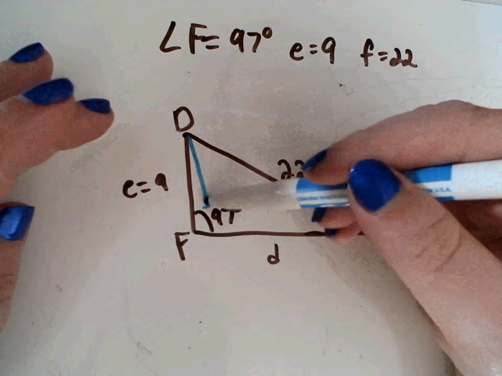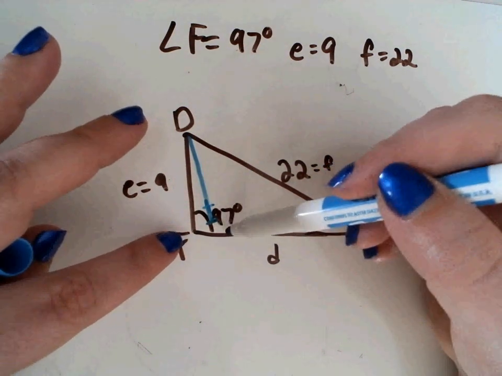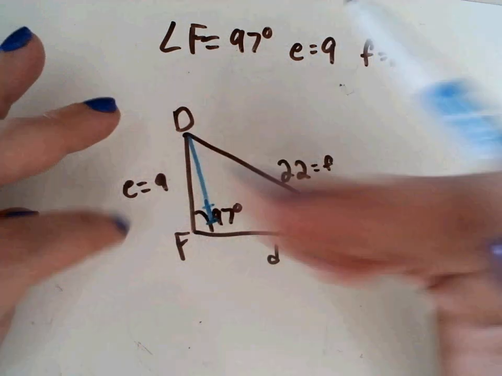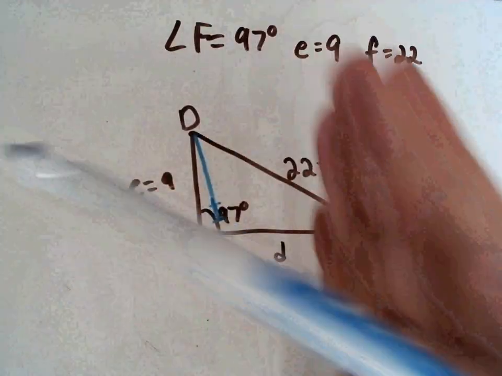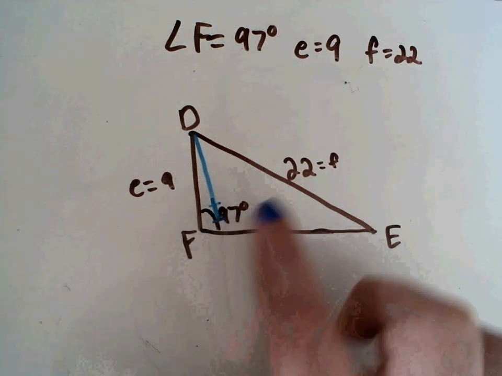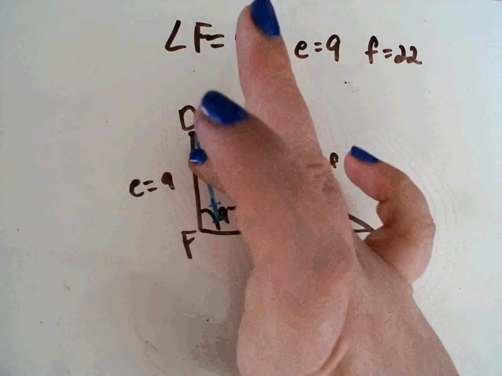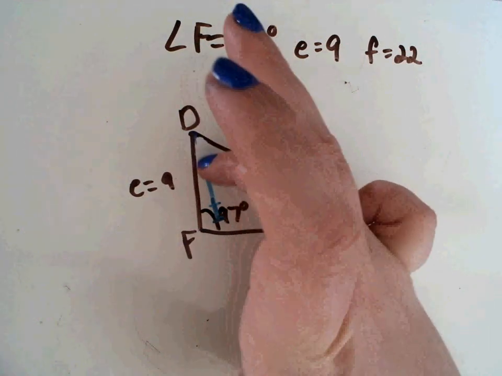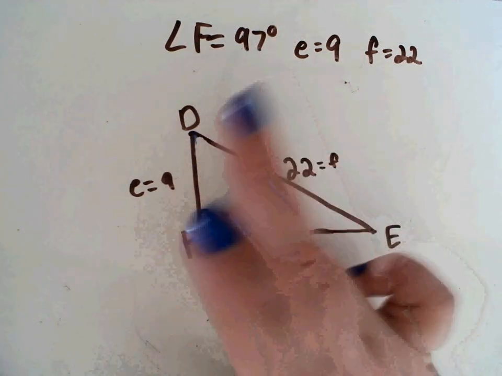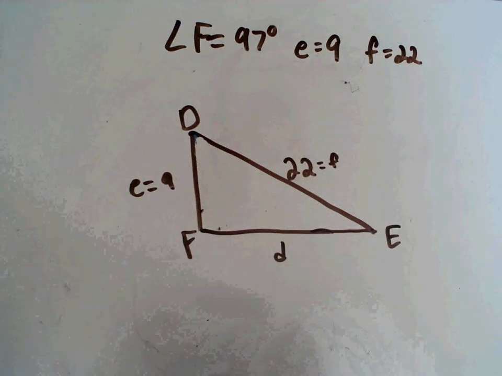If it had been 8, then it would have been too short to reach past the vertical. So if this is 97, it should have the largest side. If this side is larger than the side across from the largest angle, then I would just say not possible, triangle not formed.